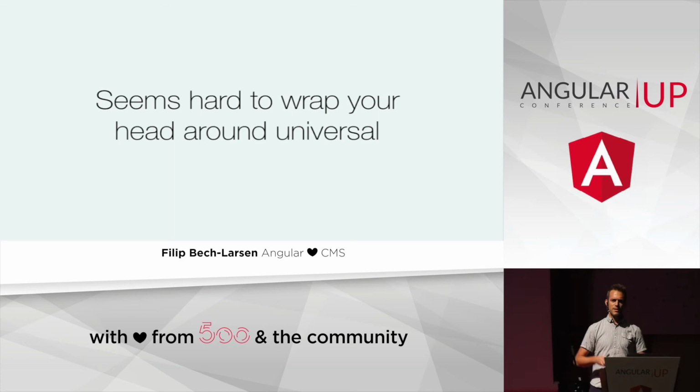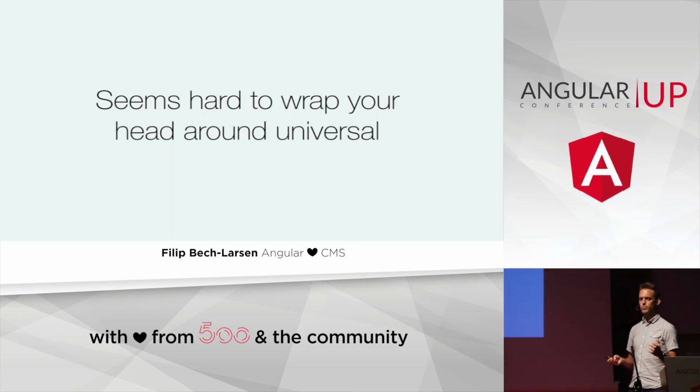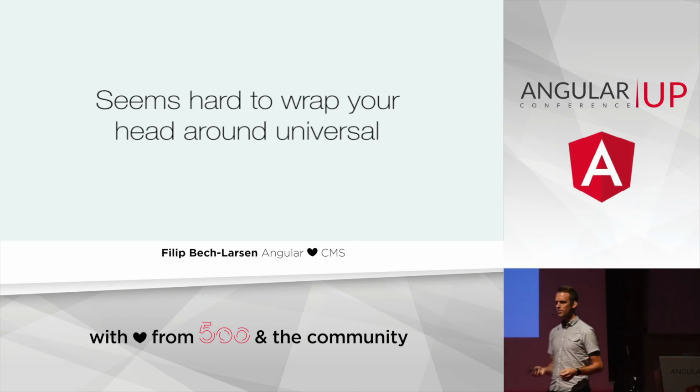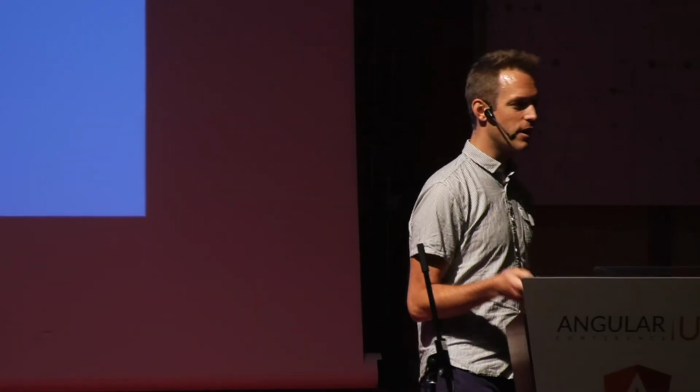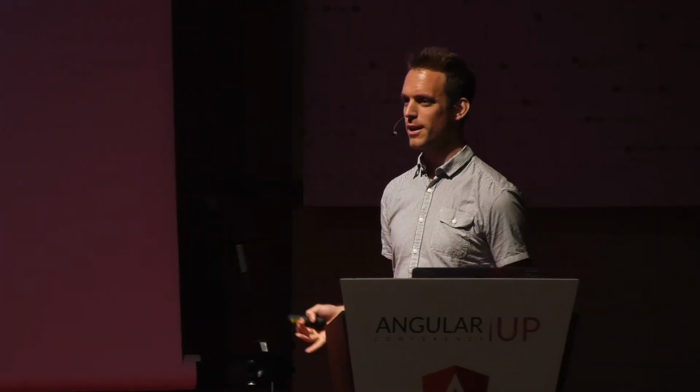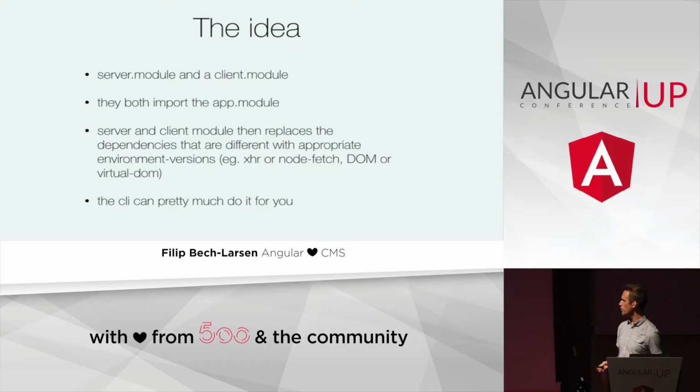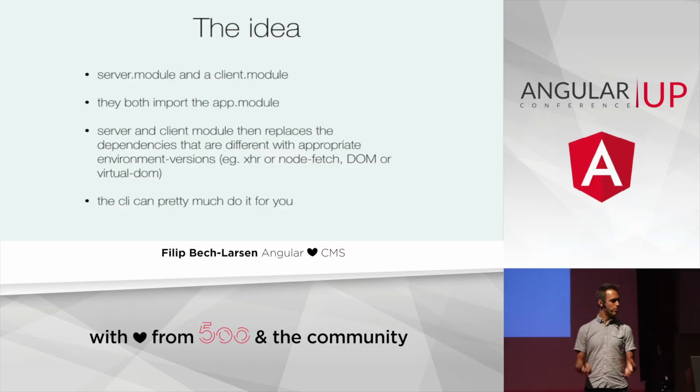But the problem is it's kind of hard to wrap your head around what this actually does and how it works when you look at it. As soon as you start looking at it, it turns out it's actually pretty simple. If you haven't looked at it yet, I just want to give you the 30-second introduction to how it works and why it works. So normally we have our app module, and that's where we build from.